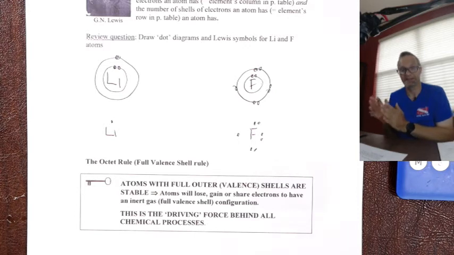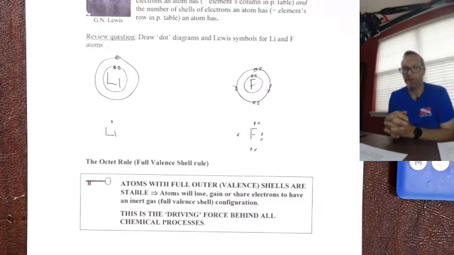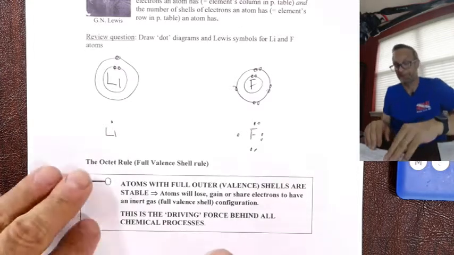They are happy as they are. But for everything else, in its Lewis structure or dot diagram, there will be gaps in that outer layer. So it will either give away electrons, take electrons, or share electrons to get that full layer. So this is a key fact: everything, when bonded, has a full outer layer. We'll see that concept again in a moment. Every time you write a Lewis structure, that has to be true. So that's the trick.